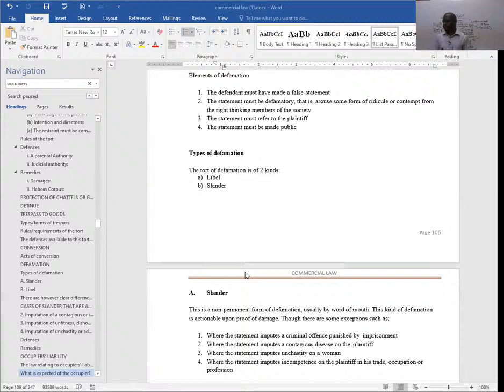For example, in a case where the statement imputes a criminal offense punishable by imprisonment. So if today I make a particular statement about Becky, which imputes some criminal activities on Becky, it simply means that Becky doesn't have to wait for the damages to actually occur, or maybe for her to be laughed at, or looked at by other people as a person who's involved in criminal activities.